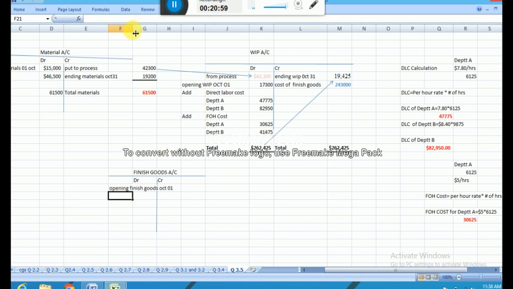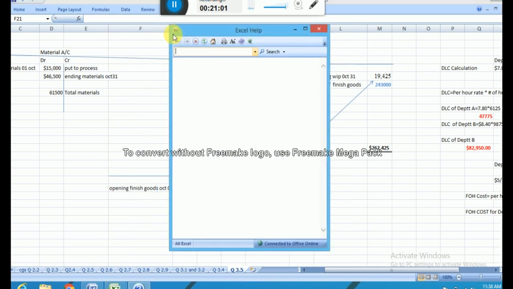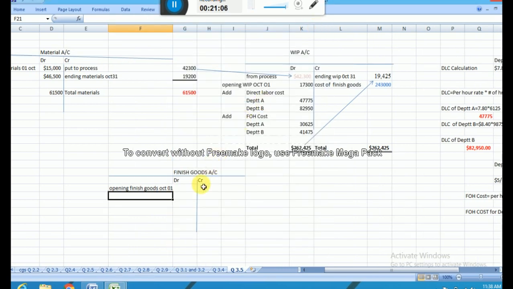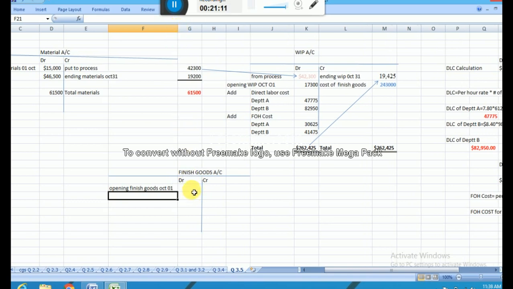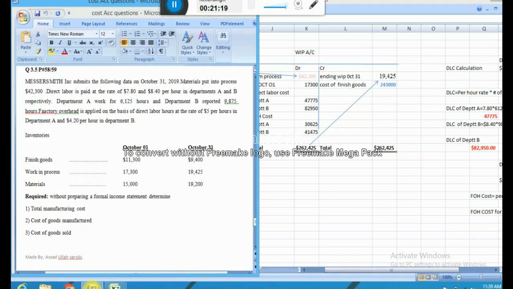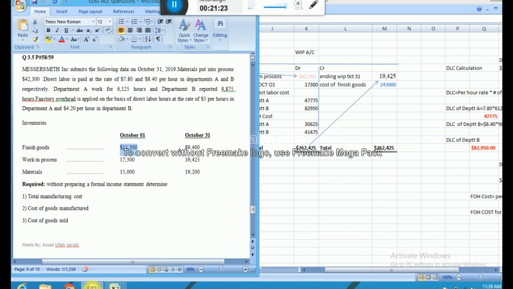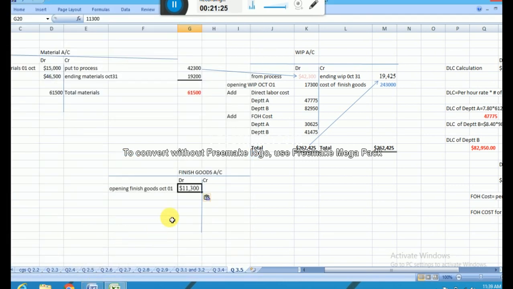On October 1st, the inventory was $11,300. This is the finished goods remaining unsold from the previous month.